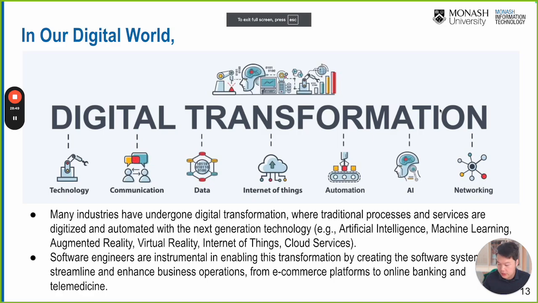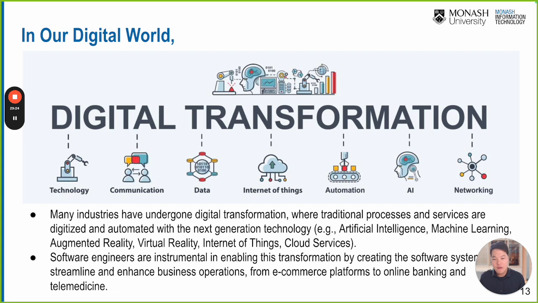Okay. So right now, we are moving towards the digital world, and most organizations are doing lots of digital transformation. They want to adopt lots of new technology. They want to transform the organization into a data-driven one, so that they can make decisions based on data. They want to build the smart organization using lots of Internet of Things, lots of automation in the industry as well, and AI definitely.